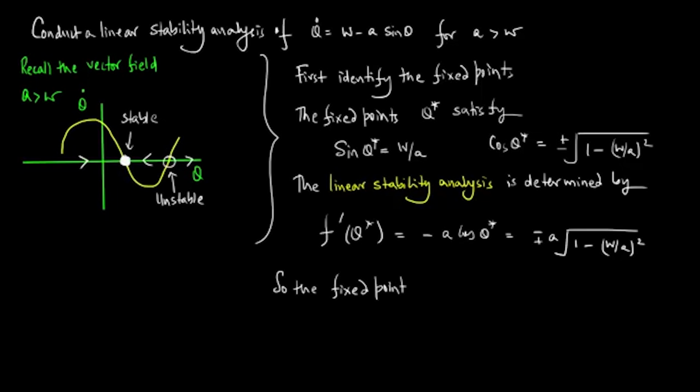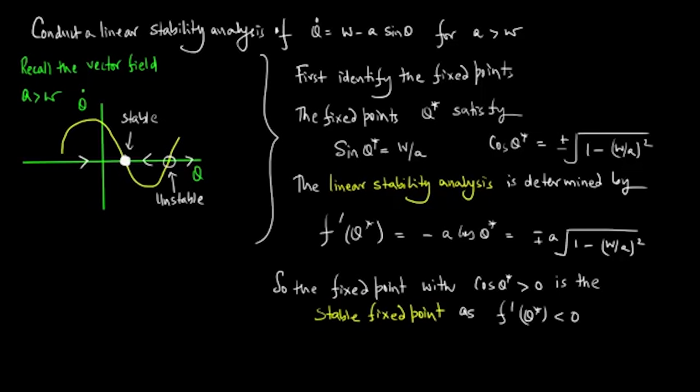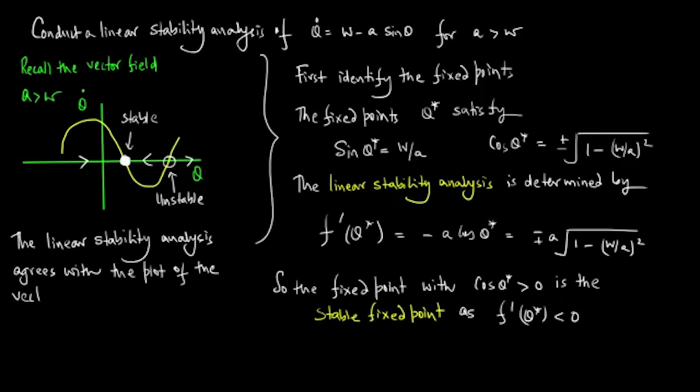So the fixed point with cos theta star greater than 0 is the stable fixed point, as f prime of theta star is less than 0. So we find that the linear stability analysis agrees with the plot of the vector field, as of course it should.